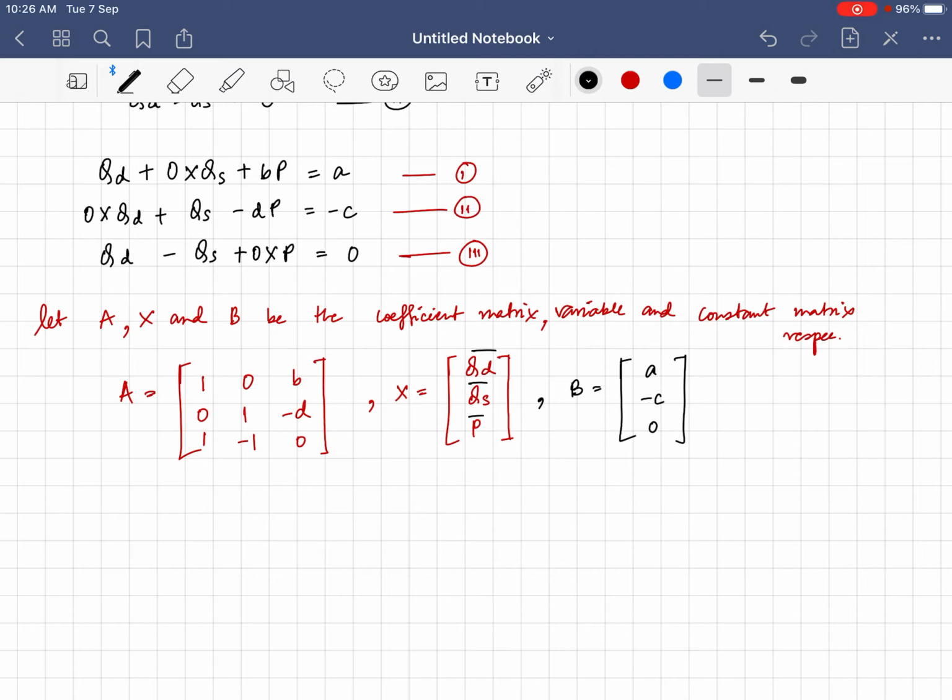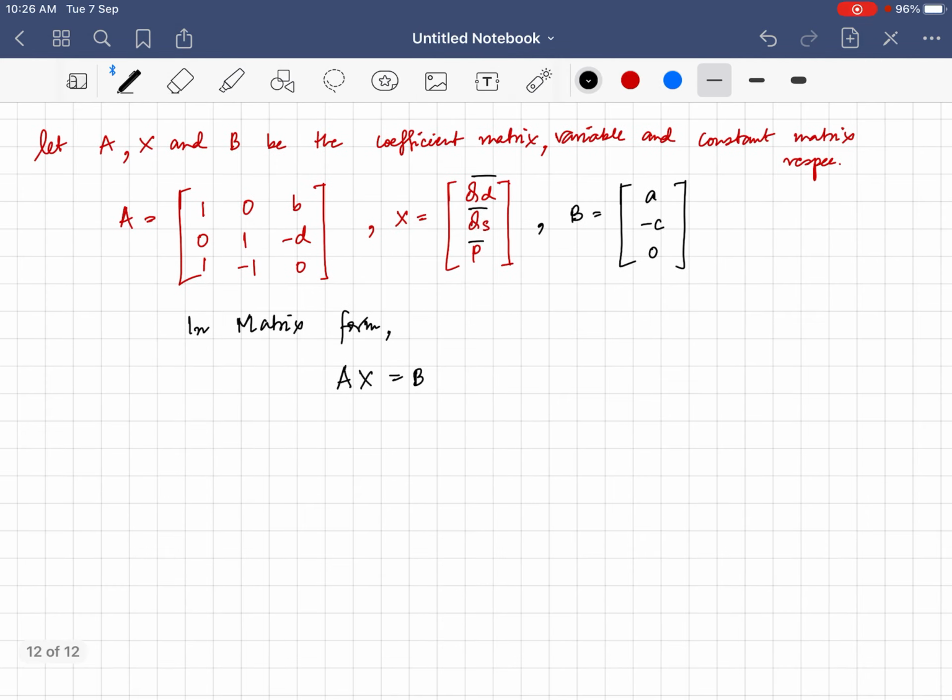So now, in matrix form, how are we going to express these equations? We're going to express them as AX is equal to B. So A, we know, is 1, 0, B, 0, 1, minus D, 1, minus 1, 0. Then, sorry, we have to write X in here.